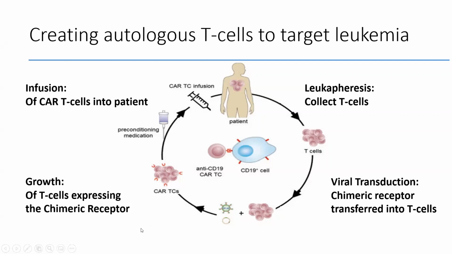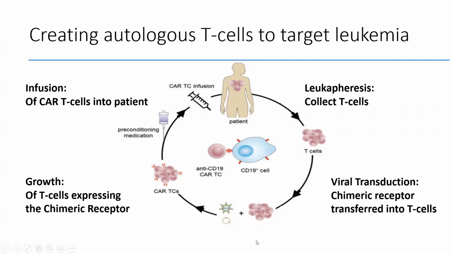A manufactured T cell receptor that targets CD19 or another tumor specific antigen is then transferred into the patient's own T cells through the help of a virus. The T cells then grow and begin to express this new chimeric T cell receptor.